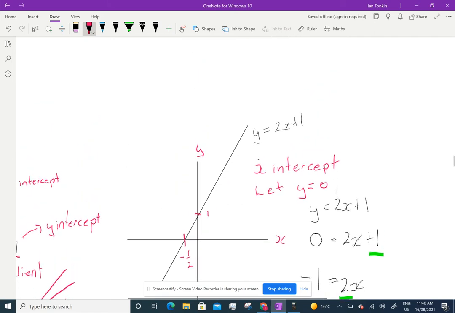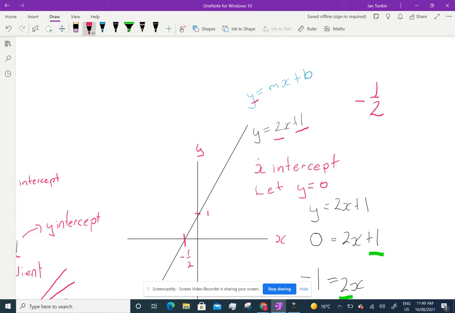There is an easier way. If you look at the equation and it's written in the form y equals something x plus something, to find the x-intercept, change the sign of the constant and divide by the coefficient of x. So that gives minus a half, and there it is.